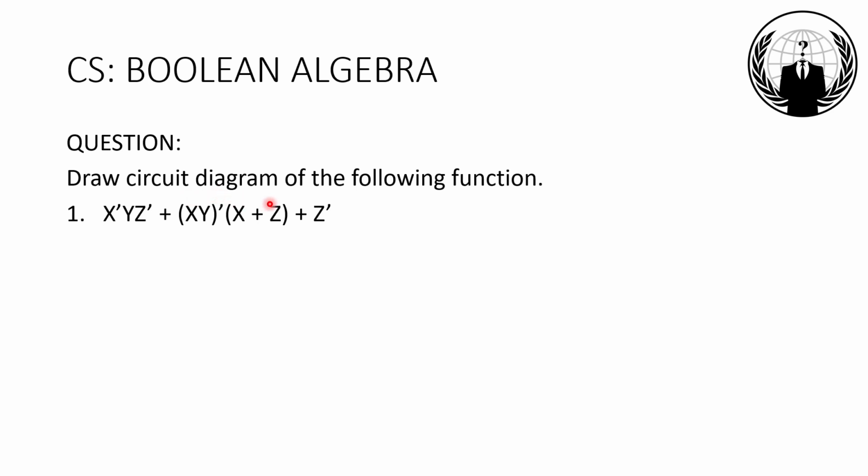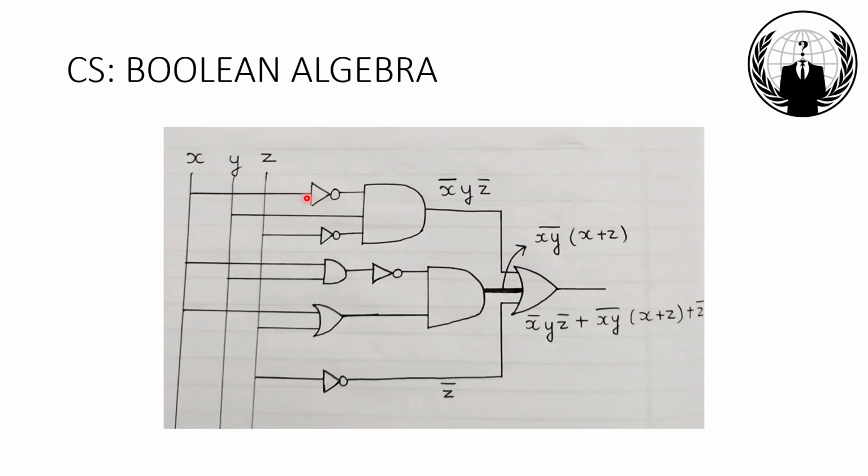Now here is the question: draw a circuit diagram of the given Boolean function, which is x complement y into z complement plus x into y, whole complement, into (x plus z complement). So here is the circuit diagram of the given Boolean function. First of all, we identify the number of literals used in the function, which in this case is 3: x, y and z.